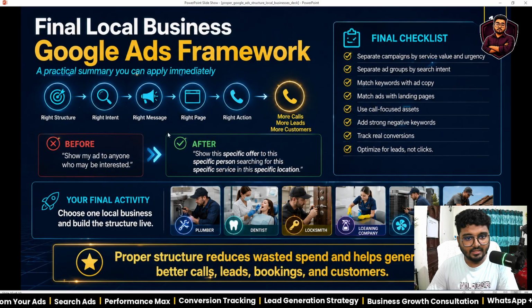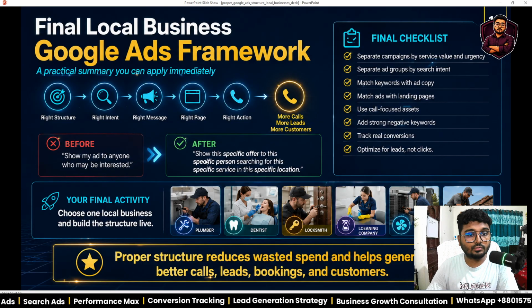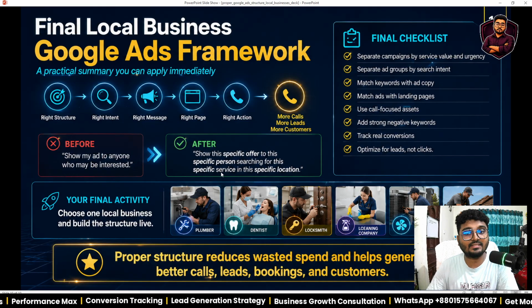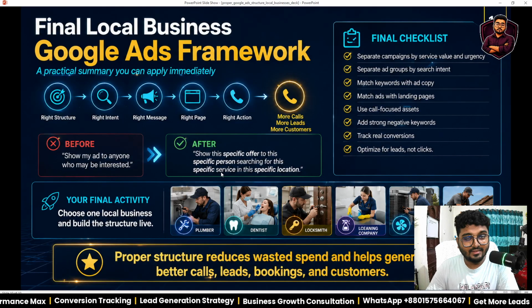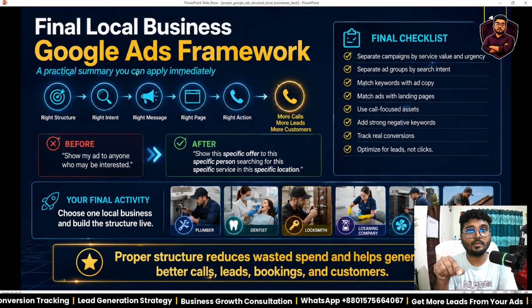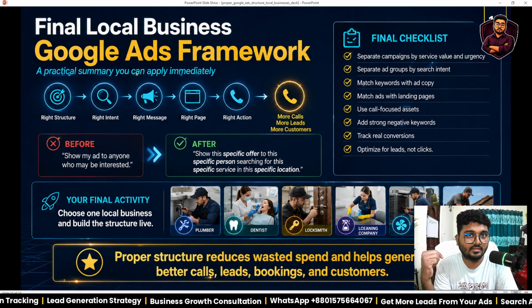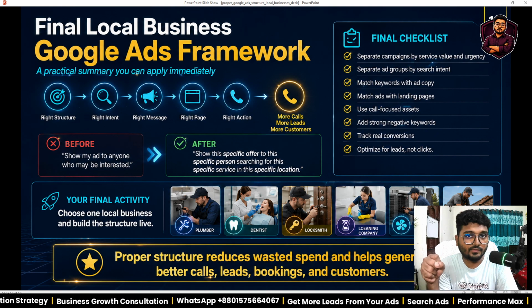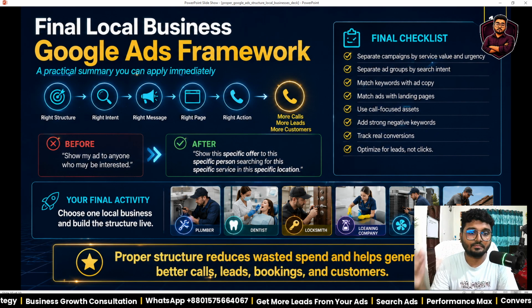But after, show the specific offer to this specific person searching for the specific service in this specific location. That means my ad will show only in front of those people who actually need my service, if I can make my ad structure more powerful, like I showed there.